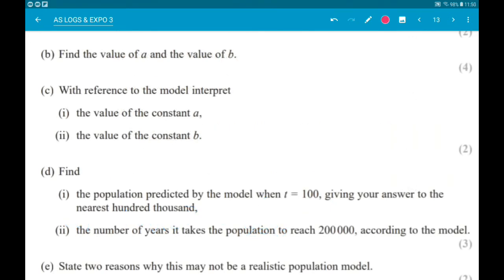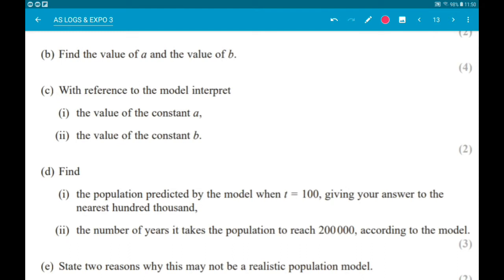Okay then, part B wants us to find the values of a and b. So to do that, we need to transform the exponential model into logarithmic form so that it works with the straight line.